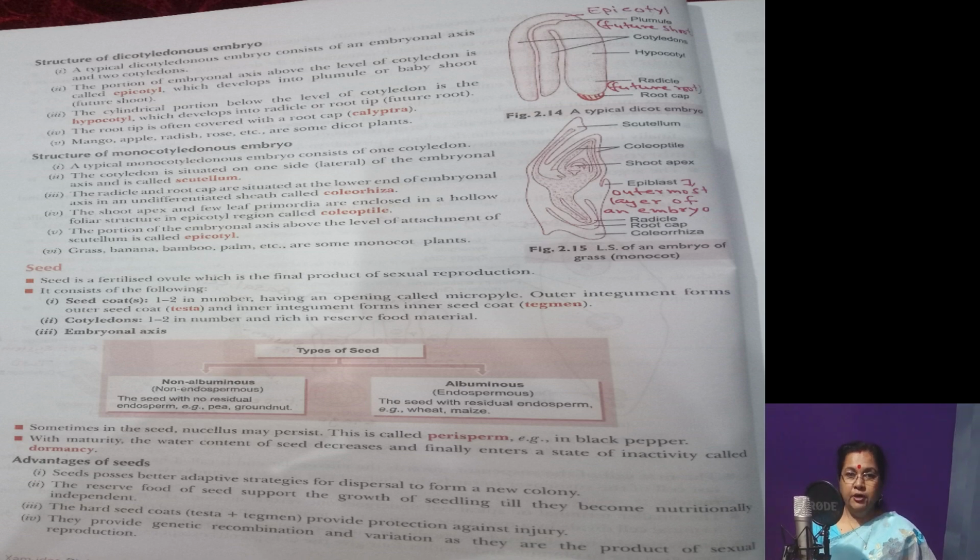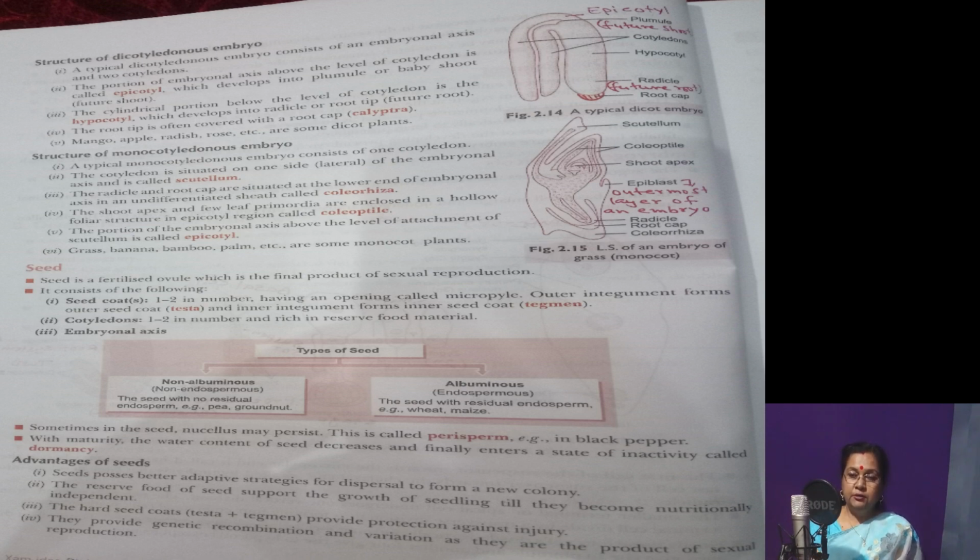A typical dicot embryo has two parts. One is the two cotyledons and a cylindrical embryonal axis. In the embryonal axis, above the cotyledon, the structure is called epicotyl, and this is going to develop the plumule, which is the future shoot part.